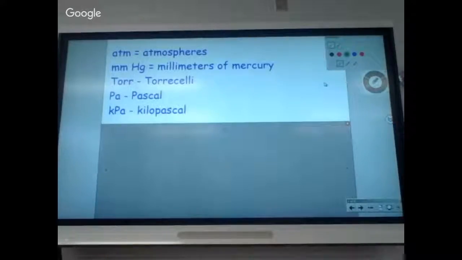MMHG is millimeters of mercury. Torr is named after the Italian scientist who created the barometer, which is how we measure pressure. Pascal also did a lot of work with pressure and gas laws, so he gets a unit named after him. And because that unit is so small, we use kilopascals because it's a bigger number.